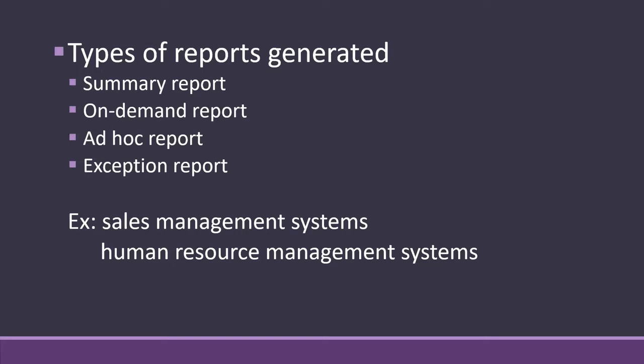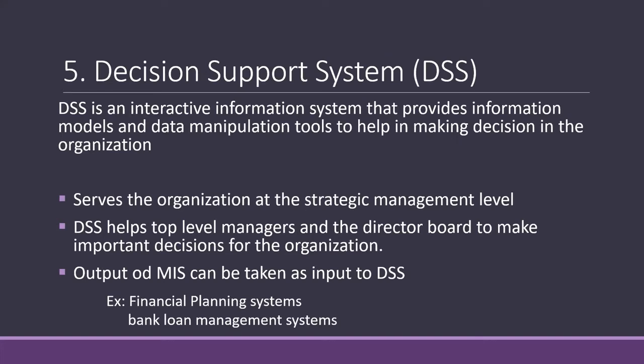Examples of MIS reports can be summary reports, on-demand reports, ad hoc reports, exception reports. Examples of MIS are sales management systems and human resource management systems. They cover a short period of time like a month, not a date, for the managers to use. They will create reports.